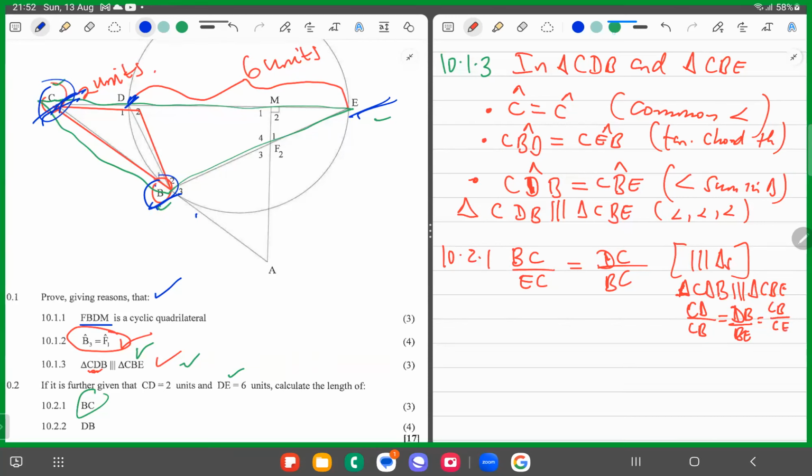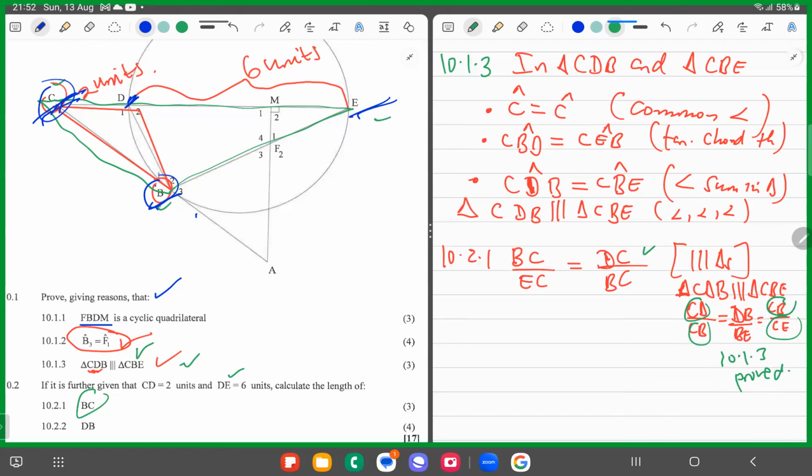Okay, let's look at this. So you have BC over CE, and then you have CD over BC. So from the similar triangles there, we saw this one in question, we proved it in 10.1.3.